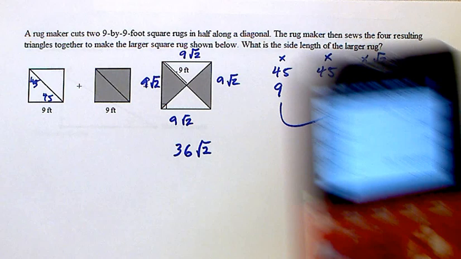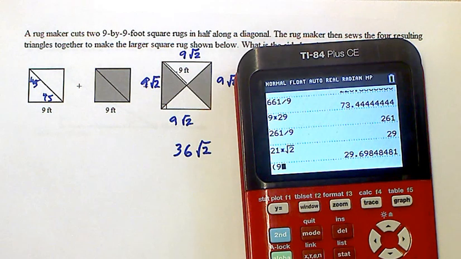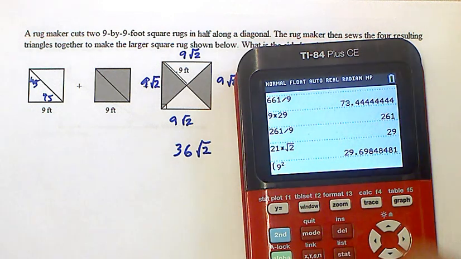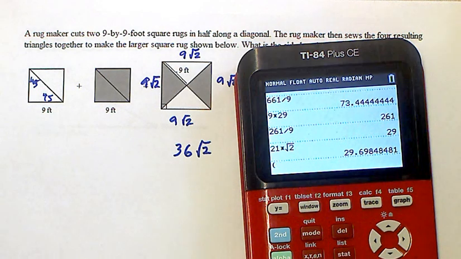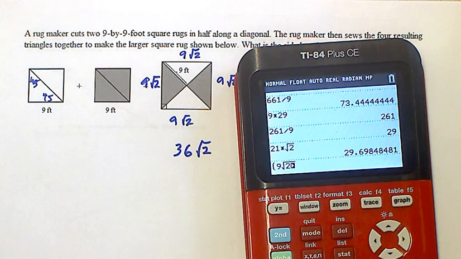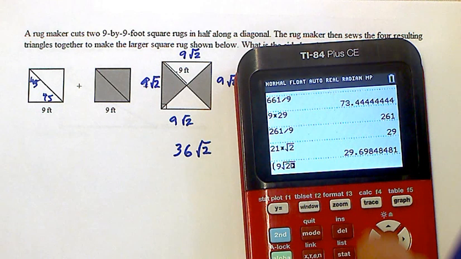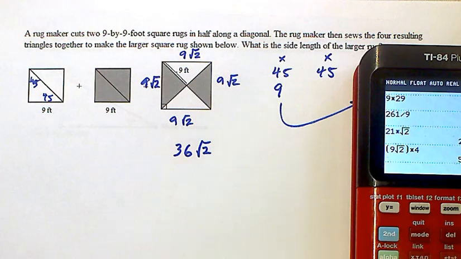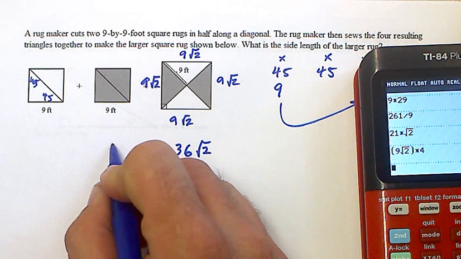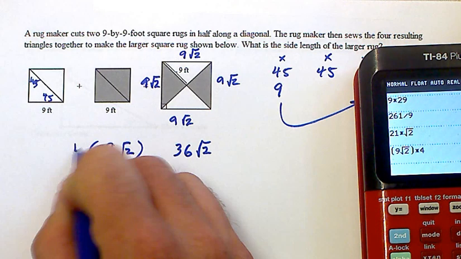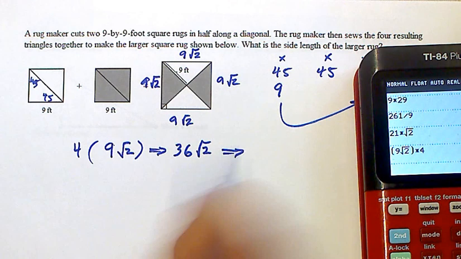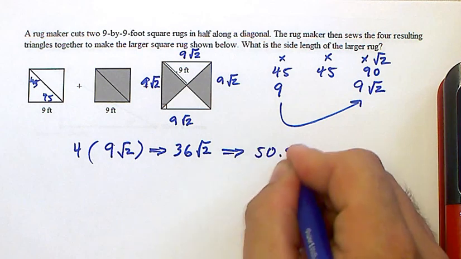And again, doing it on a calculator, you could just do 9 square root of 2 and multiply that 4 times, and you'd get an answer about 50.9. So 9 square root of 2 times 4 would give you this, and put that on your calculator, you'd end up with an answer about 50.9 or about 51 here.